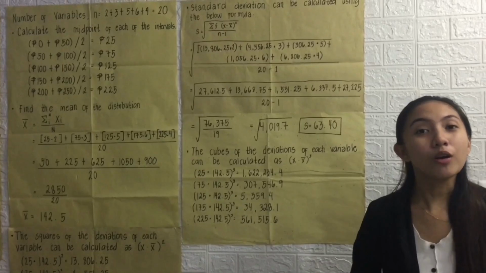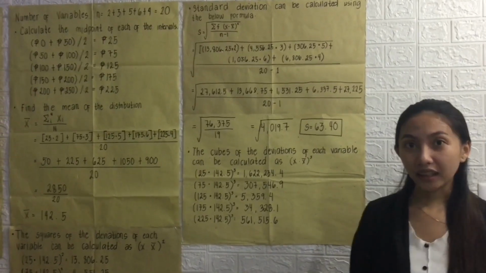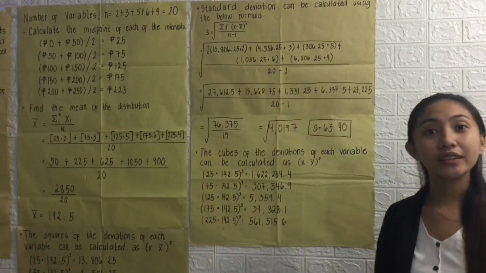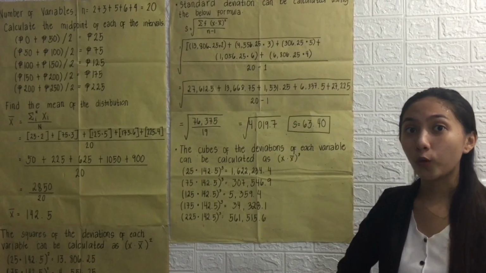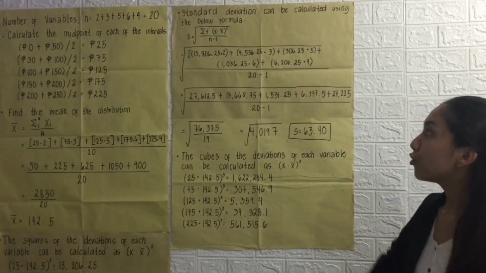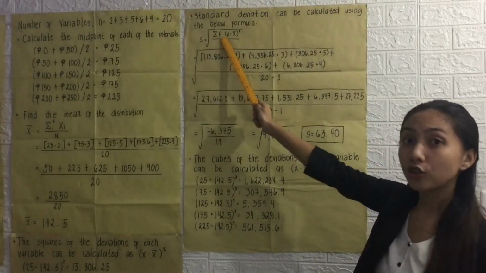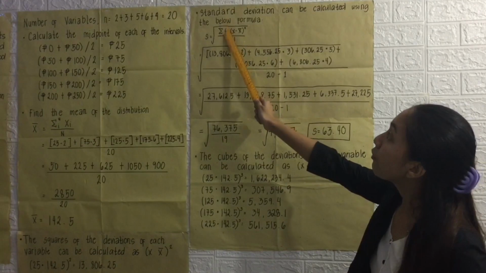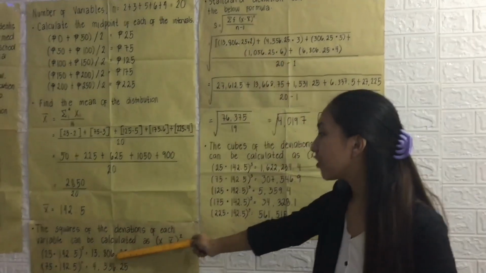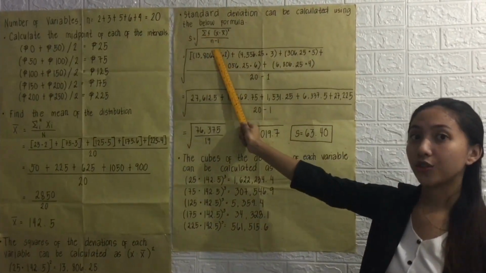And now, we will calculate the standard deviation, which can be calculated with this formula over here. Note that this formula that we're going to use is a sample formula for grouped data. So the formula is s equals the square root of the summation of frequency times the squares of the deviations of each variable over n minus 1.